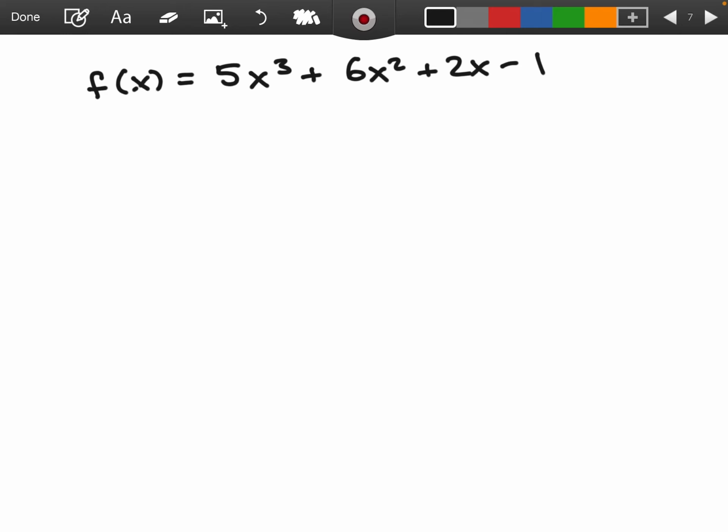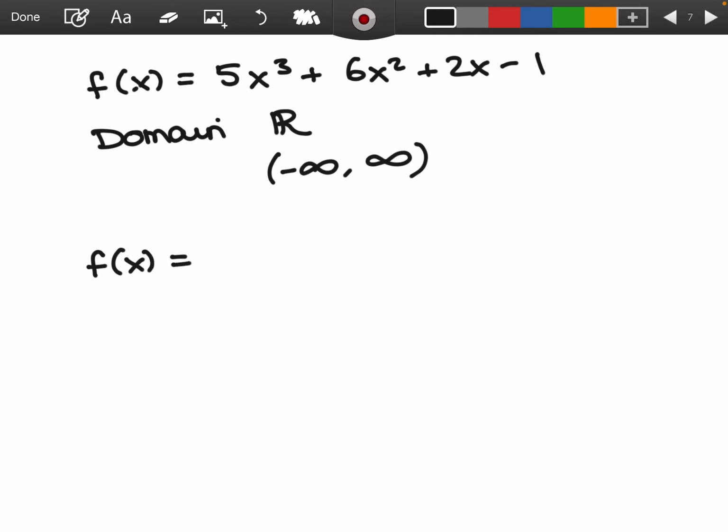If you have any polynomial, anything that can be written like this, whether you've got a squared value as your leading term, or a cubed value as your highest power, whatever it might be, anything that can be written out in one line without any roots, this has a domain of all real numbers. You can write it as negative infinity up to infinity.